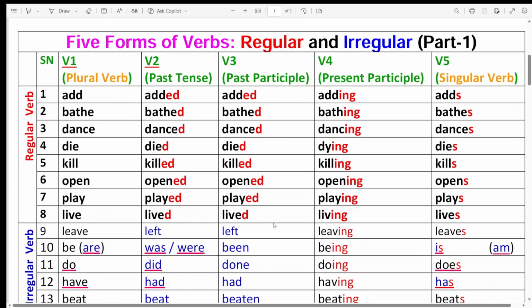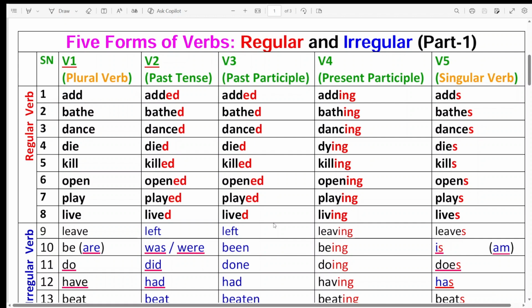Here, the topic, as you know, is 5 forms of verbs, regular and irregular. And as I have already told you, to learn the topic well, we need to discuss a little bit about some supporting topics. So here we have to understand what a noun is and what a verb is.